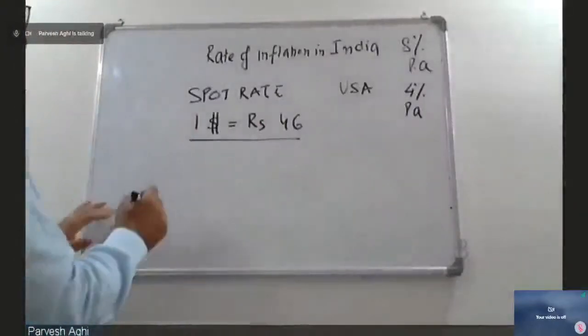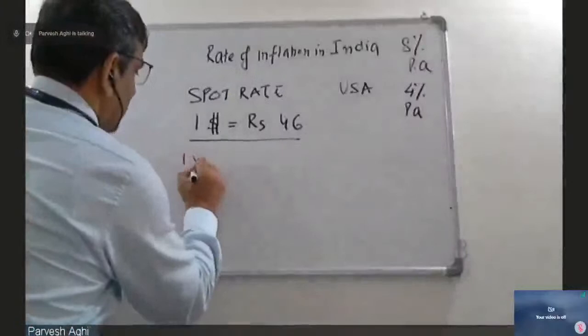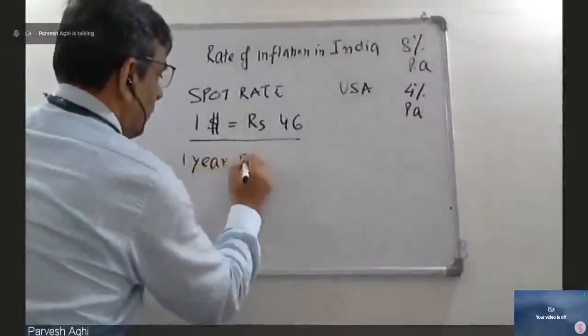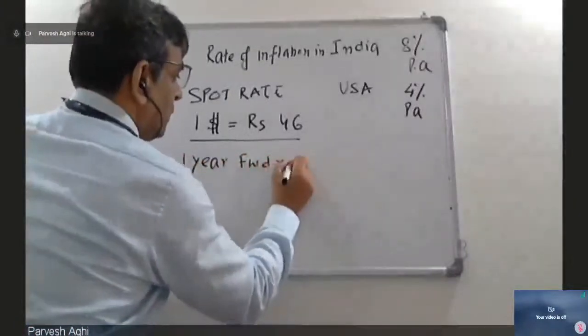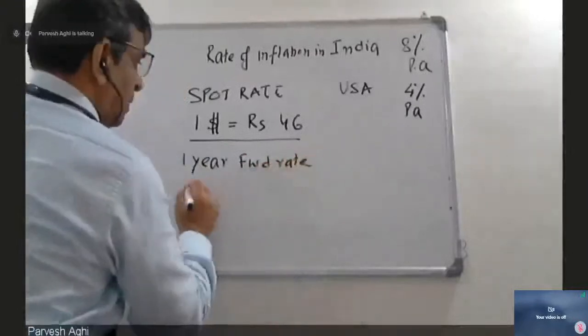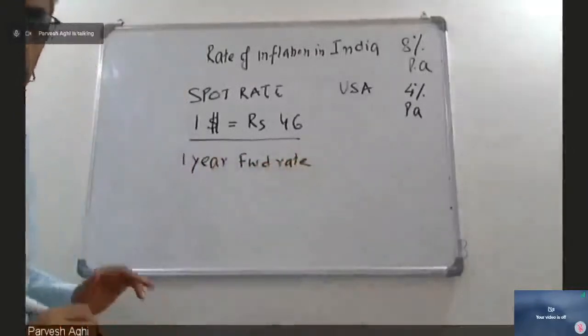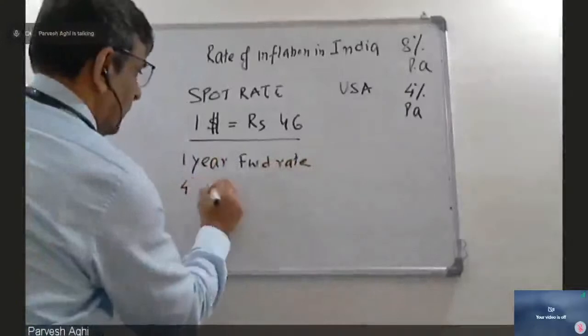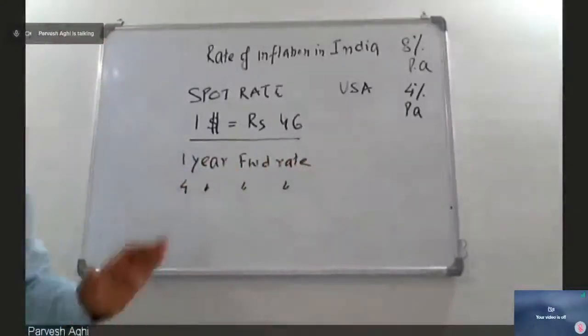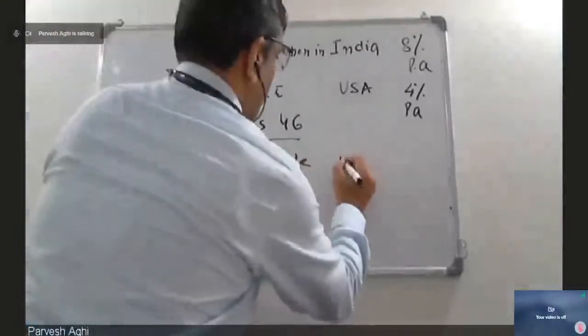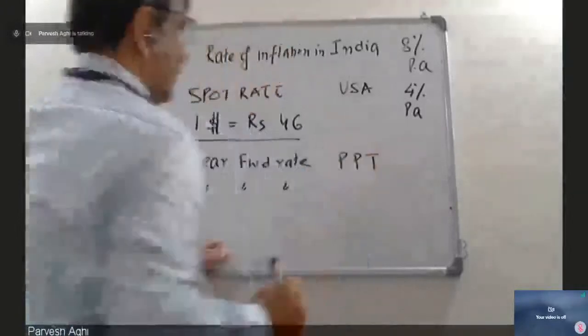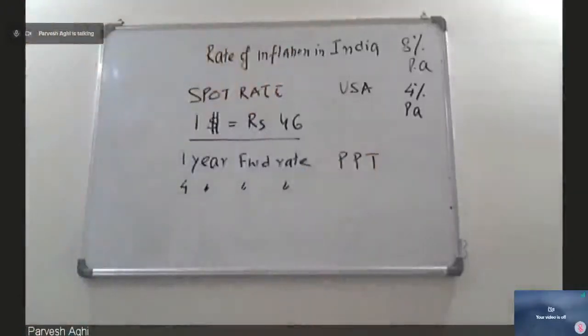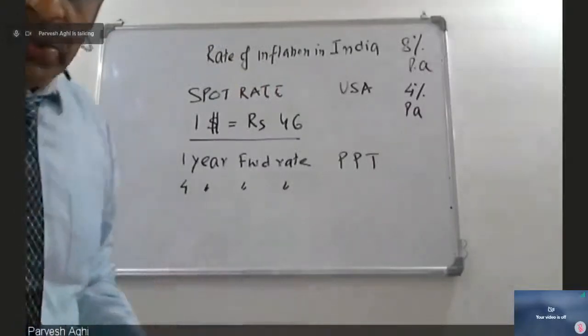So it says, what will be the 1 year forward rate and also the 4 year forward rate, using purchasing power parity theory. So now we will be solving this question.